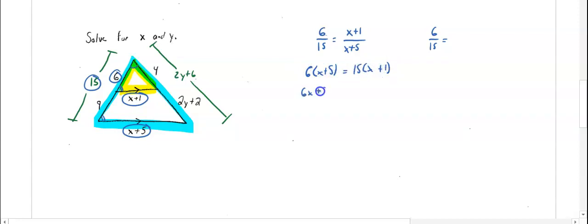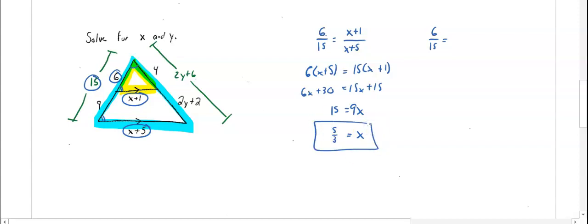So that gets us 6x plus 30 is equal to 15x plus 15. We can subtract 6x from both sides. We get 9x equals 15. When we divide by 9, this is going to reduce to 5/3 for x.